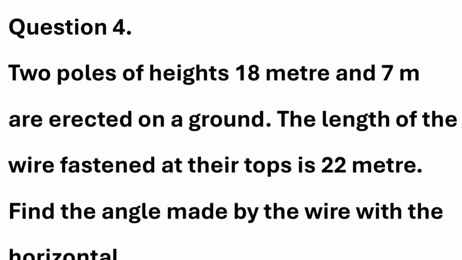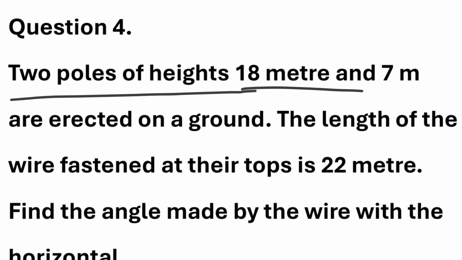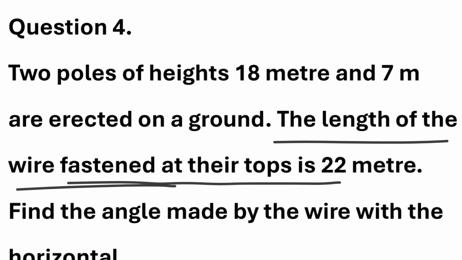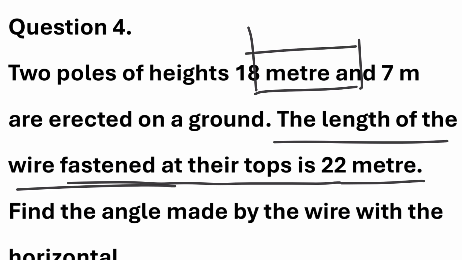Question number 4. Two poles of height 18 meter and 7 meter are erected on a ground. The length of the wire fastened at their tops is 22 meters. Suppose these are two poles and this is the top of the first pole and this is the top of the second pole.